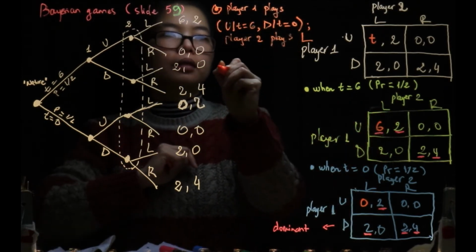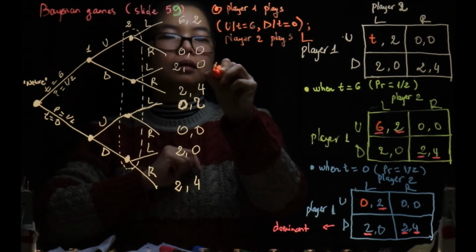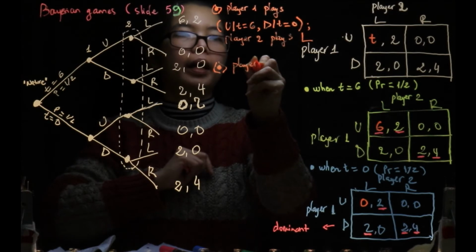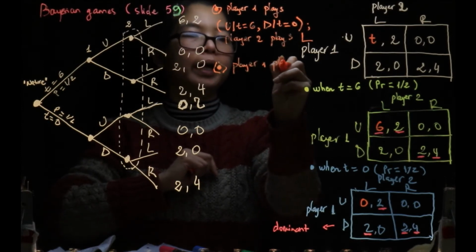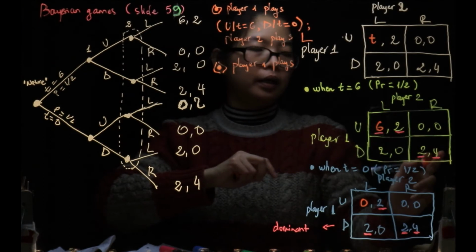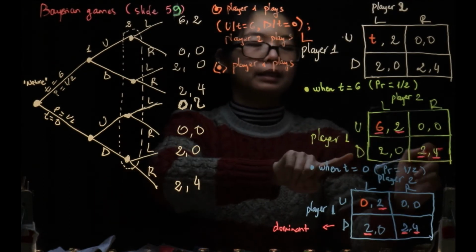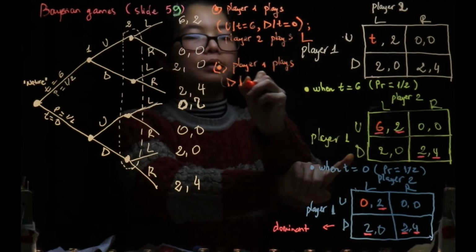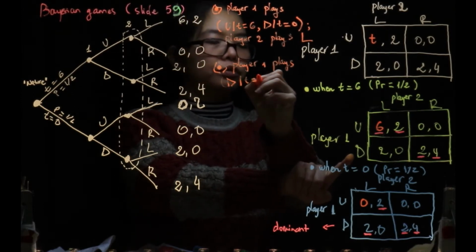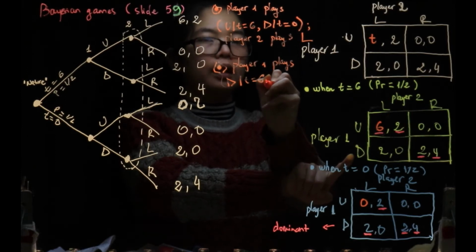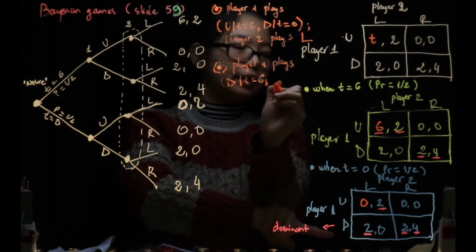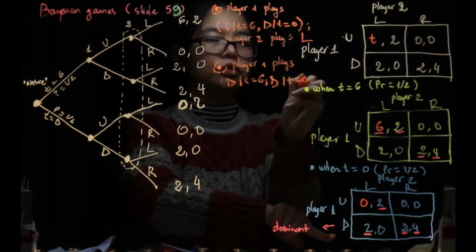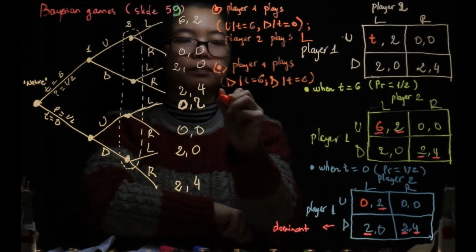Okay. The second candidate is: player 1 plays, here's another Nash equilibrium, down when t equals 6. And again down when t equals 0. That's his dominant strategy.